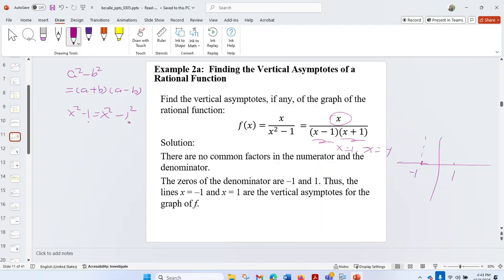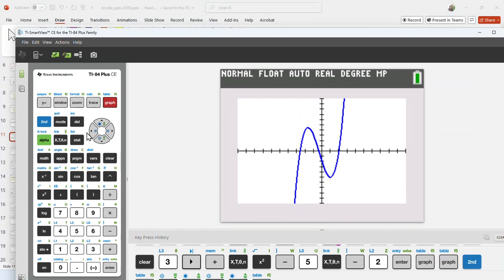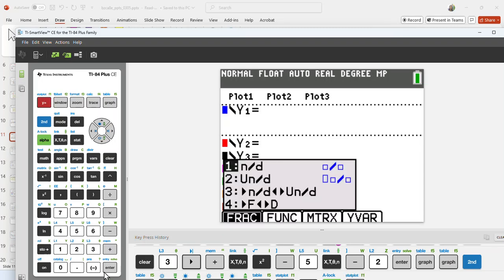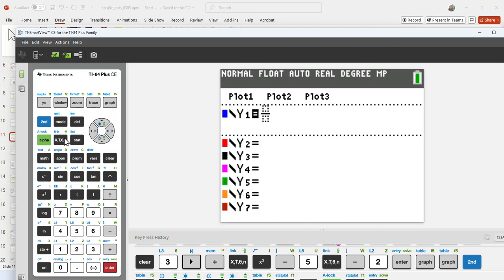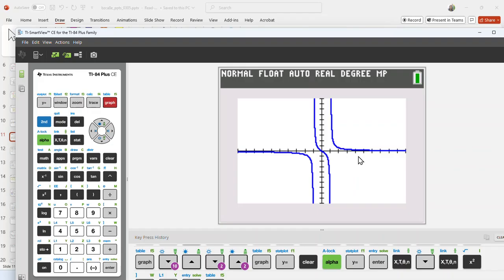What does vertical asymptote mean? That means the graph will never pass the vertical asymptote. If I put this one in a calculator, I can tell that way. All right, if I graph this one right here, you can see I got 3 pieces of the graph, right?